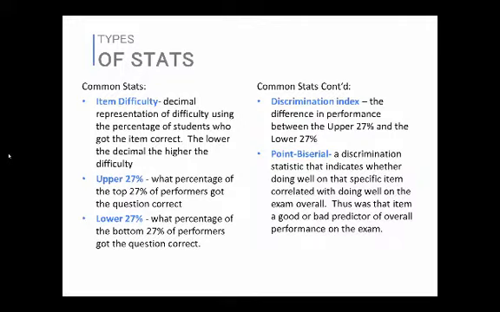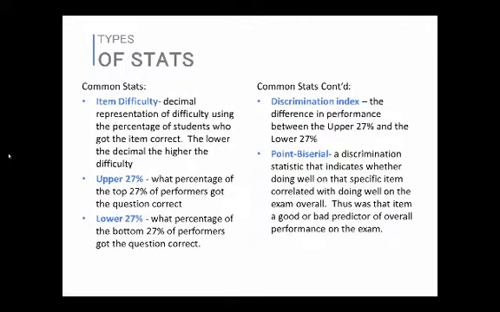So, if you got this question right, did getting it right correlate with doing well on the exam as a whole? If it did, great, because that means your question is a good representation of the content, the material, and that knowing this question and getting it right was an indicator that you understood the whole of the content. Or it could be the opposite.